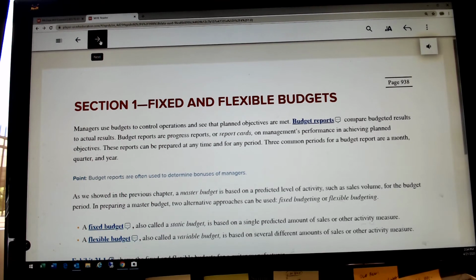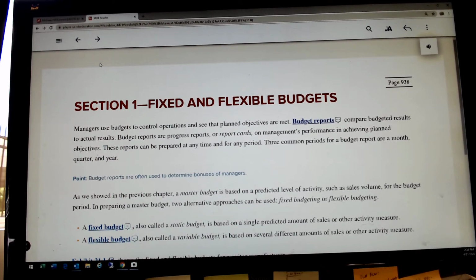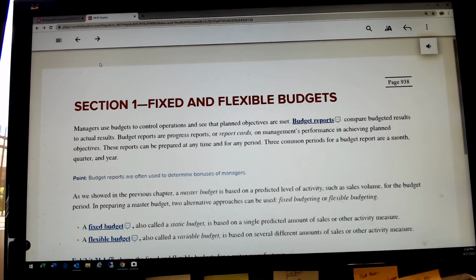Okay. Now we know that companies use budgets basically for planning and control purposes. They use it first to plan out their operations, and then, of course, while the year is progressing, they refer back to the budget. They compare their actual results with the budget at periodic times to see how they're doing, and if they're on budget or off budget, if there's some corrective action that needs to be taken.